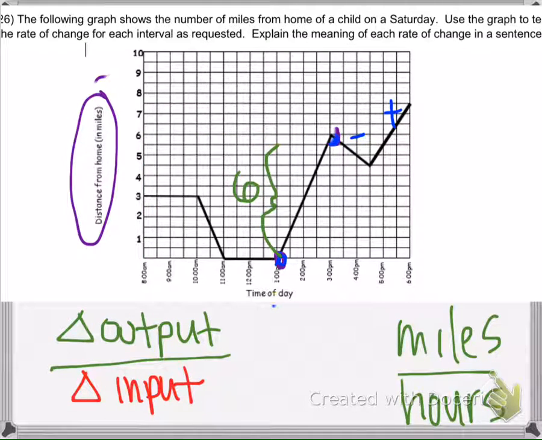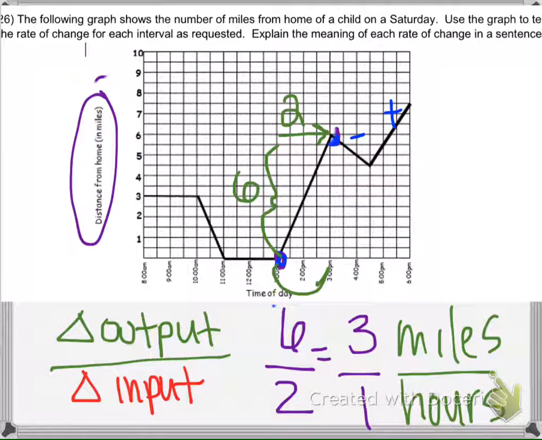And then from 1 o'clock to 3 o'clock, that's 2 hours. So 6 miles and 2 hours. 6 divided by 2 is 3.